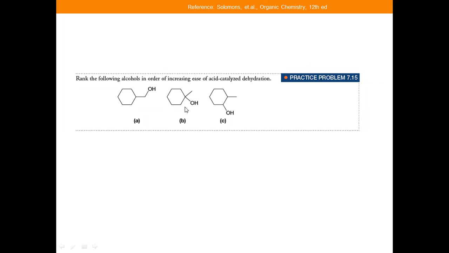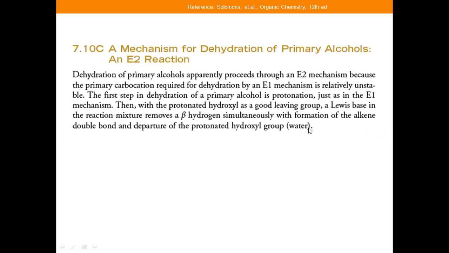The alcohol that would undergo dehydration most easily is of course the tertiary alcohol, which is letter B, and the next is letter C, and the last one is letter A.